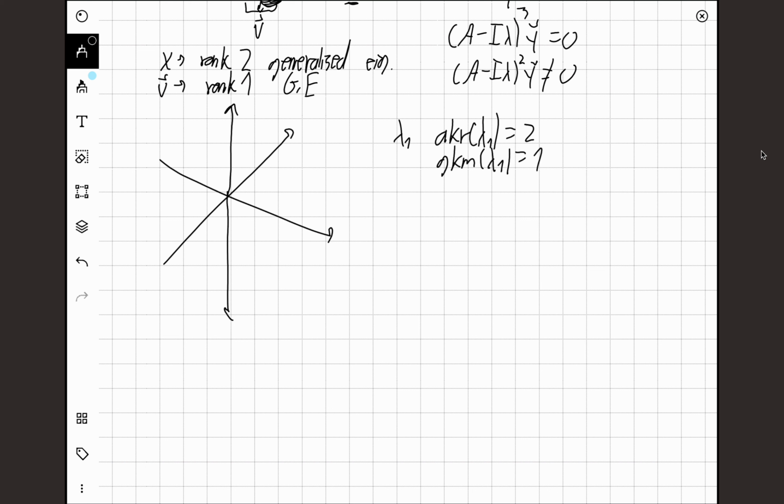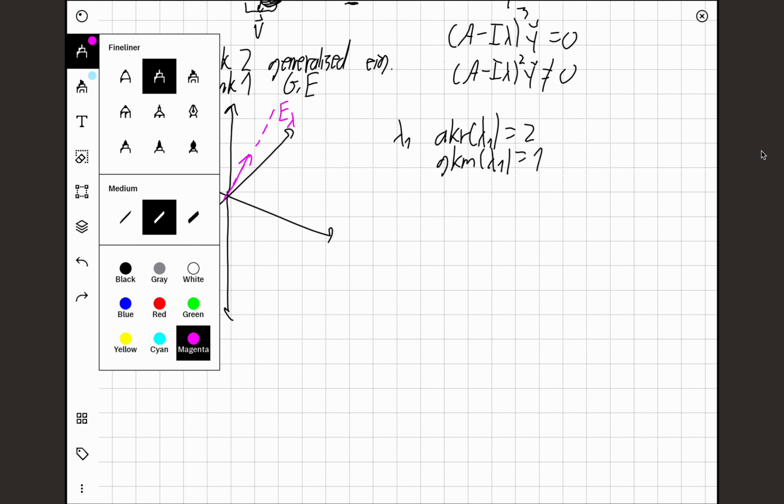Well, what does that mean? That means that this matrix will send a specific 1D line of vectors into the zero vector. This will be the eigenspace of this eigenvalue, because geometric multiplicity is 1, meaning there's only a one-dimensional eigenspace.